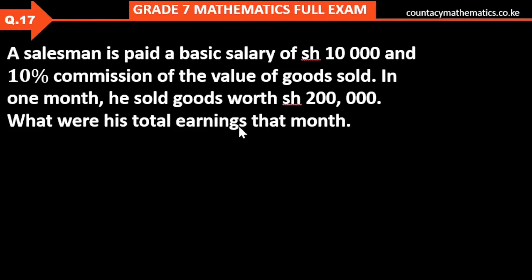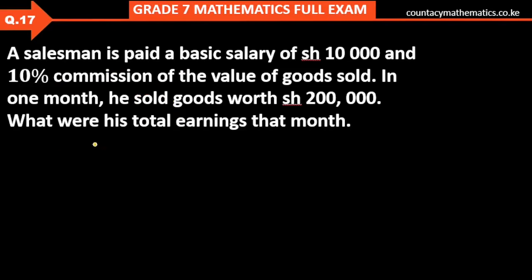So how are we really supposed to work this out and solve it? Because you see that we have the commission, and we have the goods that were sold, and also a basic salary.